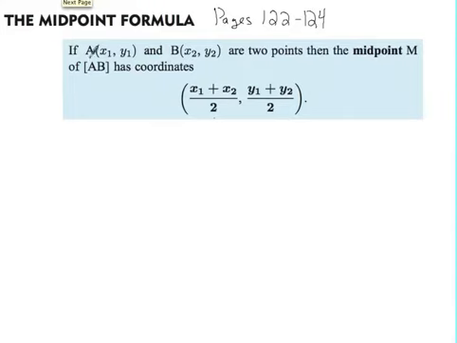If you have 2 points A and B, you can find the midpoint M by this little ordered pair rule right here. The x-coordinate is just add up the 2 x's and divide it by 2. The y-coordinate is just add up the 2 y-coordinates and divide by 2. It's in the middle. It's the average, or halfway.